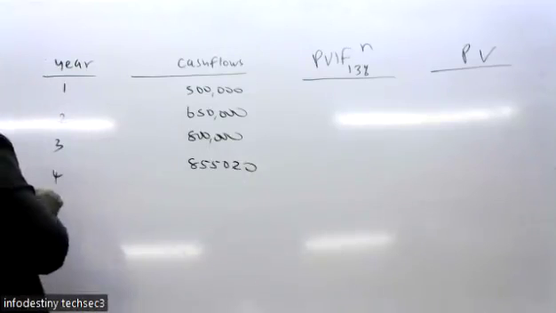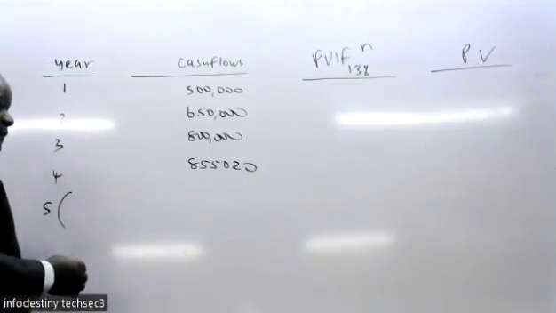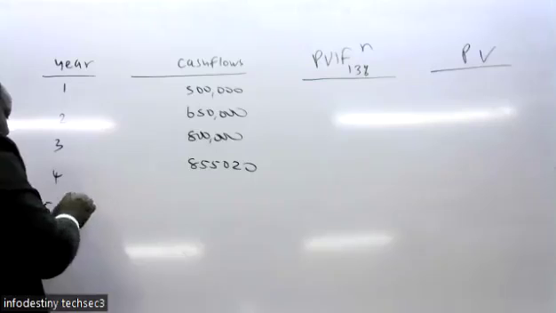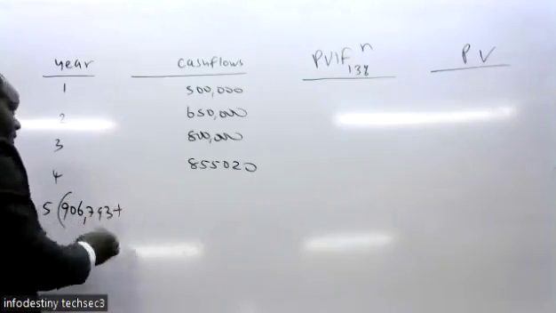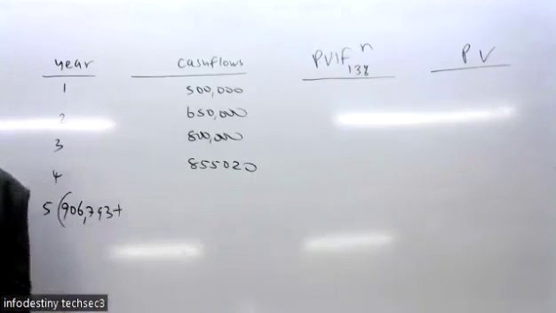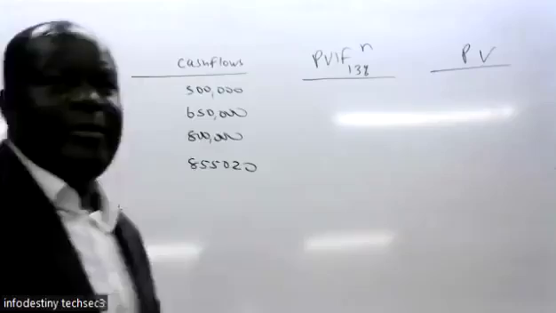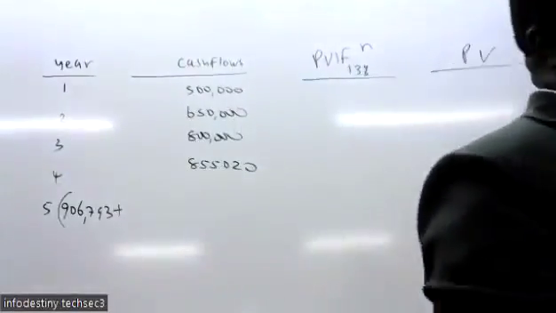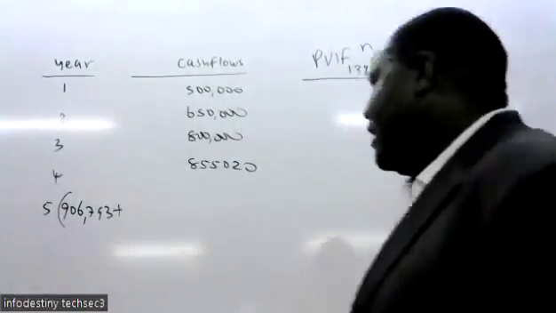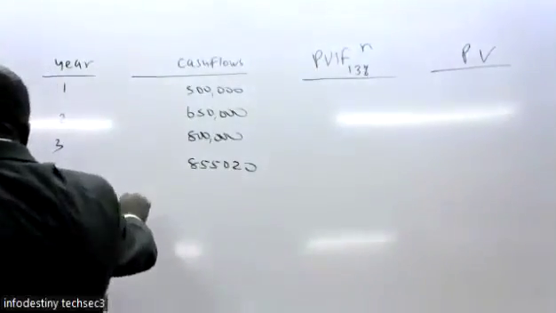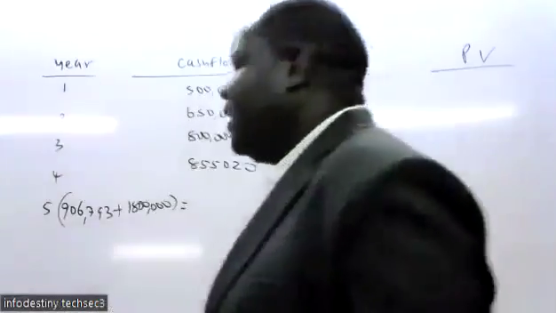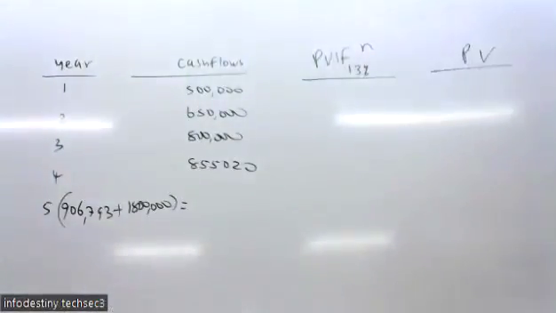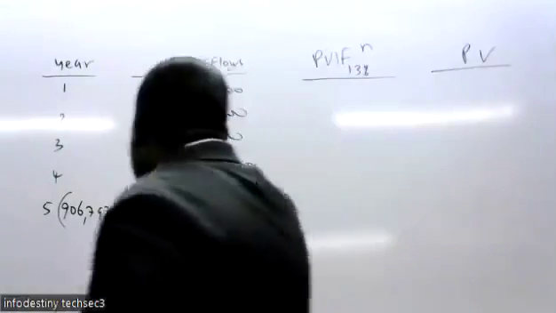Then year five, 906,793. But we now add the terminal benefit, which is 1.8 million, so that we get the cash flows for year five: 2,706,793.